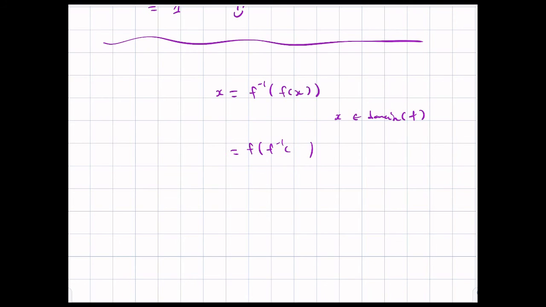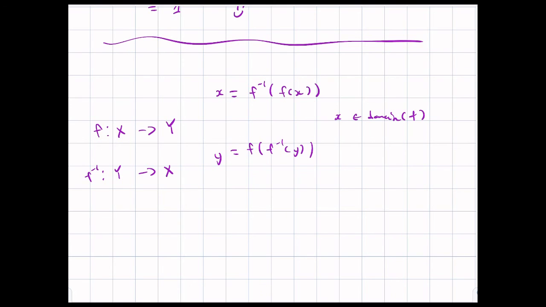Probably should have been doing y from the beginning, but just to show that we have this thing, right? F going from some place to some place, and then f inverse goes back from there to the other place.